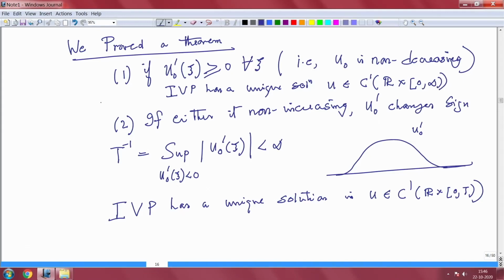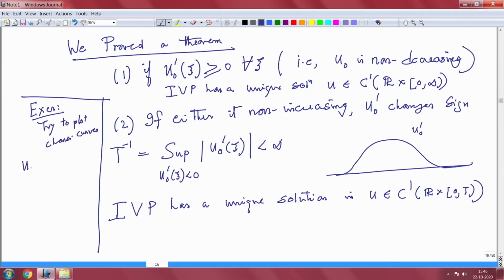So you can have many more examples, and maybe such exercises you try to exercise, try to plot the characteristic curves. We will provide various examples. Say for example, my u naught of x is 0 for x less than or equal to 0, and 1 for x greater than 0.